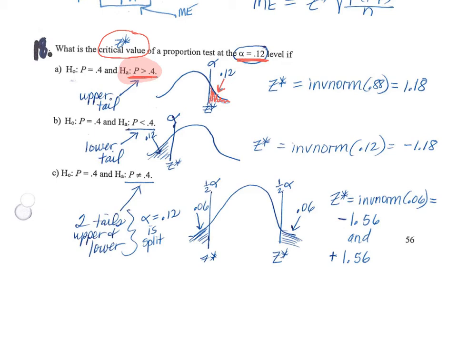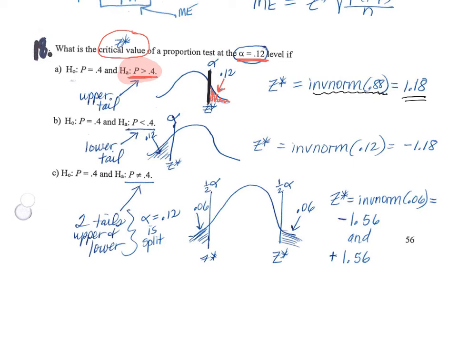If the entire alpha is located in the top tail, this question is asking for the Z star right there at that location, and that would be inverse norm of the area below. Inverse norm of the 0.88 is the Z at that spot, and that would be 1.18.